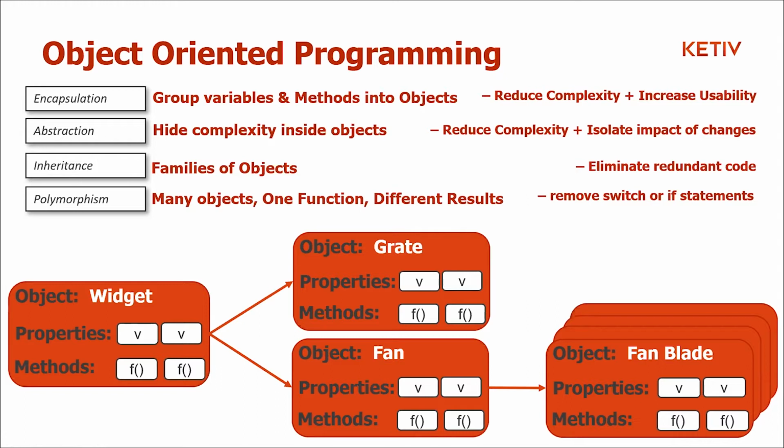The next is abstraction. Abstraction is about hiding complexity, and you hide complexity inside these objects. With methods, you probably have all experienced it, you have a method that has 8 variables or something. The problem is when you go and change that method, then you have to go change where that method is called.